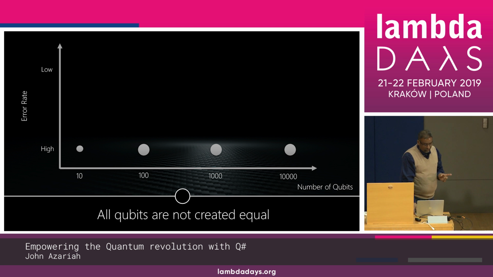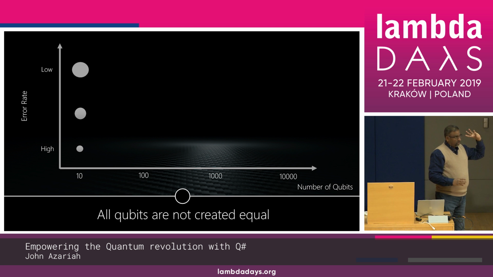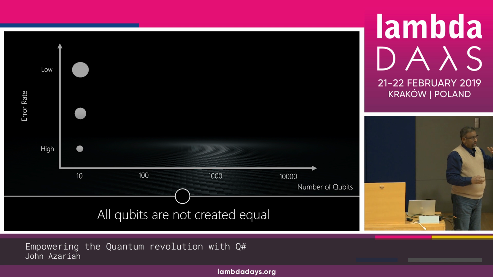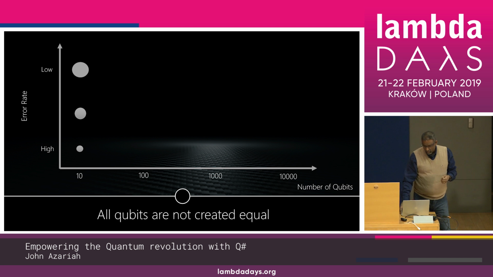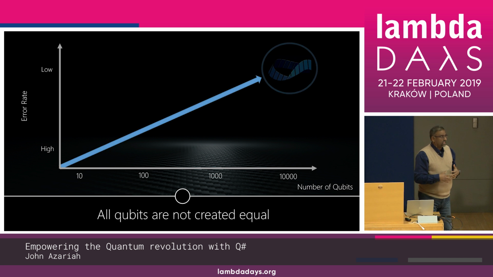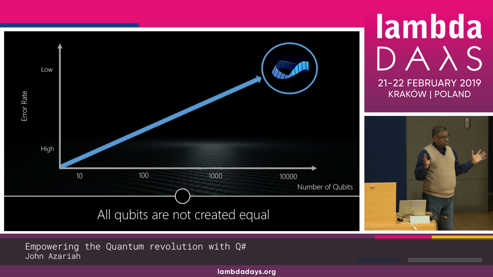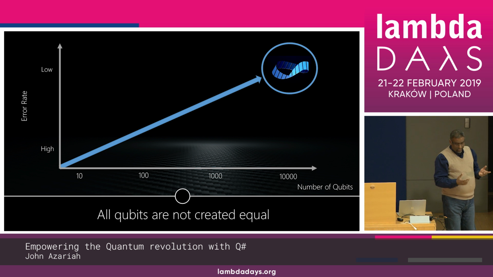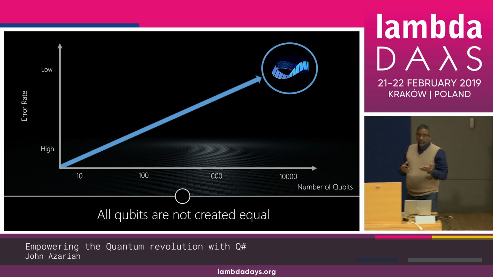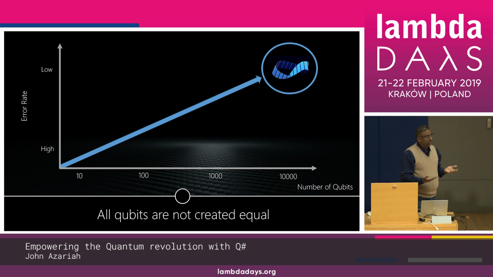A different approach is to try and get qubits that have a lower error rate. And when you do that, then when you add more qubits to the system, you can actually come up with a system that has more logical qubits. And in some sense, that's the approach that we've been working on at Microsoft.